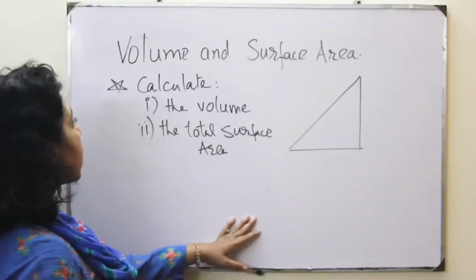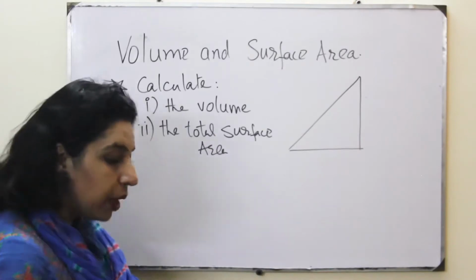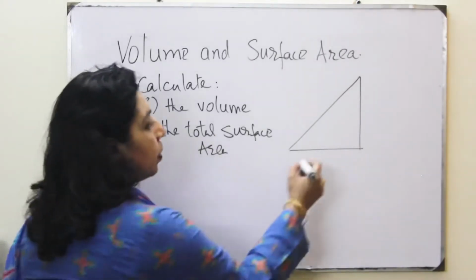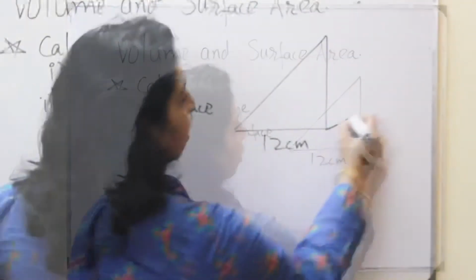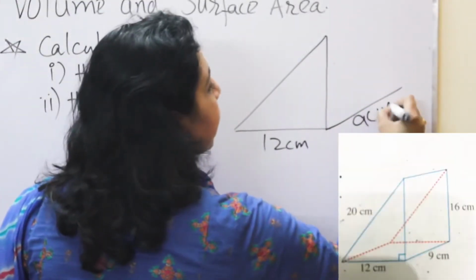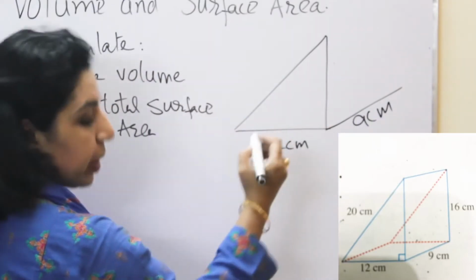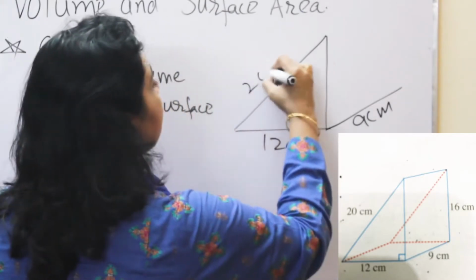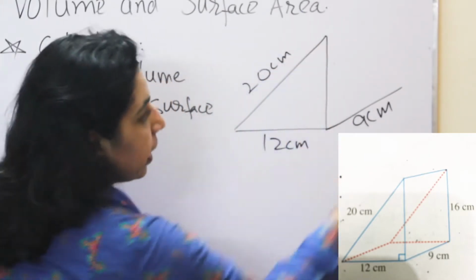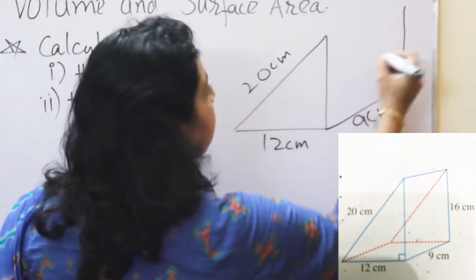Here I have a question in which I have to calculate the volume and total surface area of the prism. I won't be able to draw the whole prism, so I shall try my best to show you the prism somehow. This is 9 centimeter, the height of the prism. This is 12 centimeter. This side is 20 centimeter, and this side here is 16 centimeter.